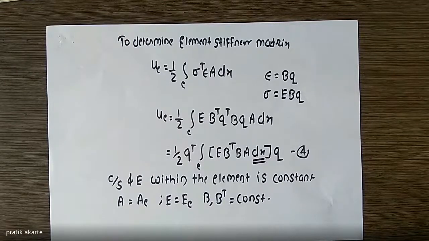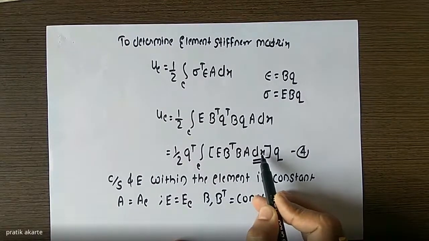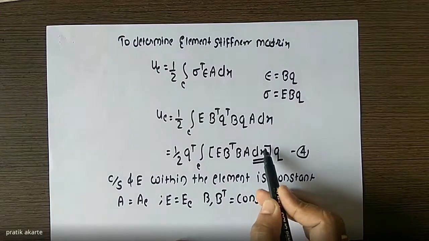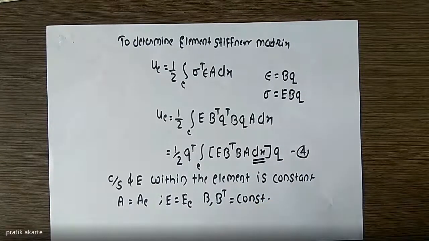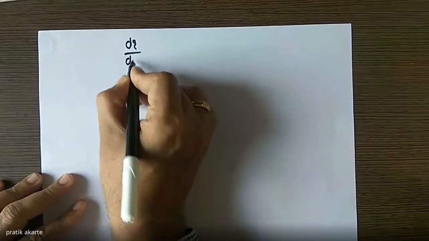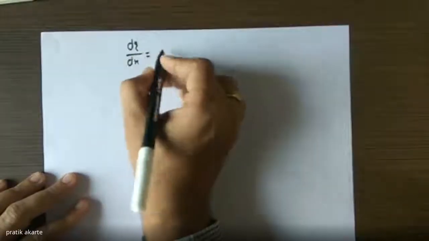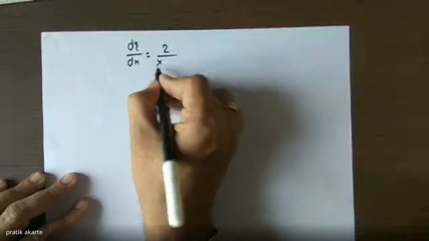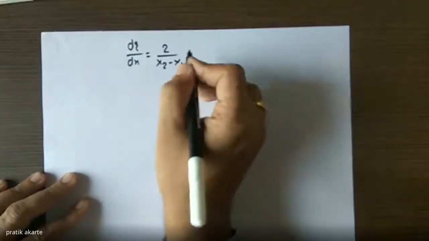So to differentiate, we need to convert it into zeta. For that we have our well-known equation, d zeta by dx, which is equal to 2 upon x2 minus x1.